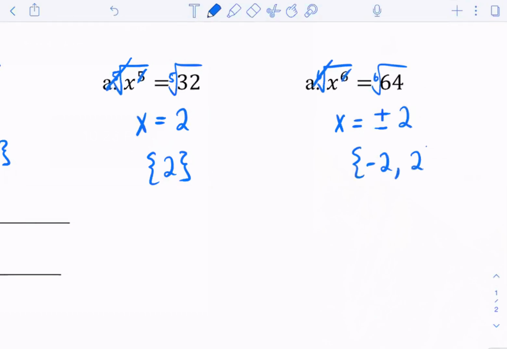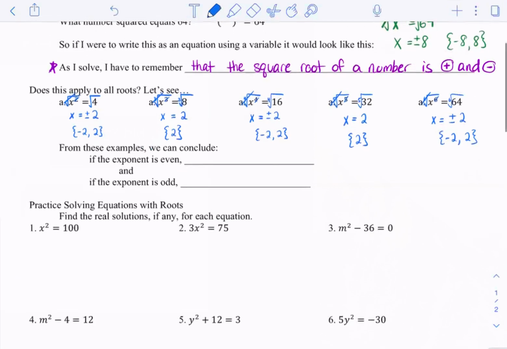So I want you to take a look here. What is the pattern? When did I have both a negative and a positive? And when did I only have a 2? So look at how many times I had a negative and a positive. What was the root when we did it? And look at when we only had this positive 2.